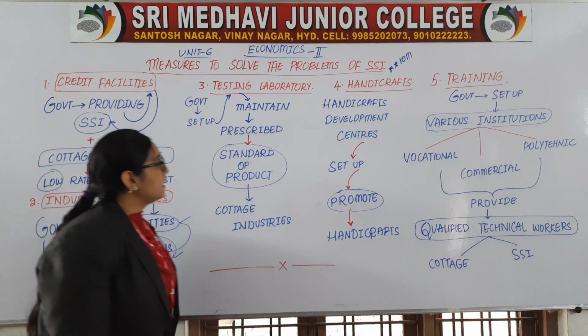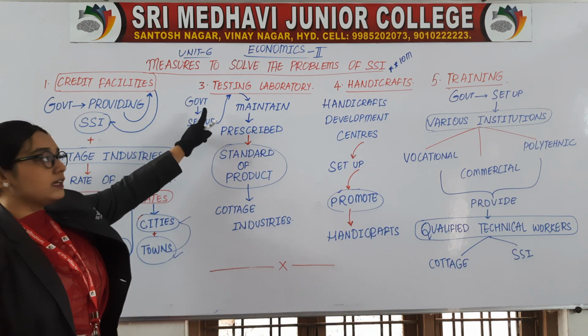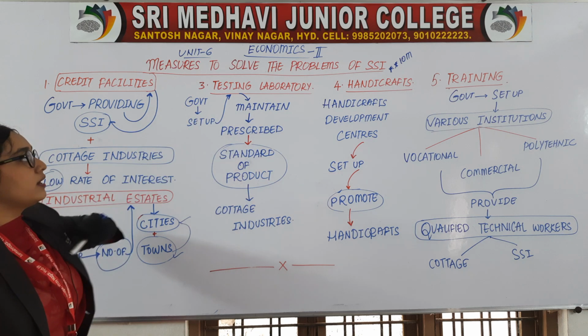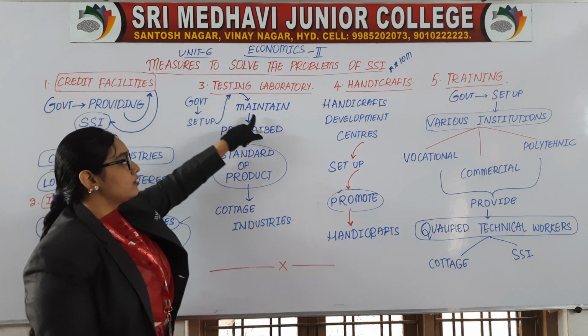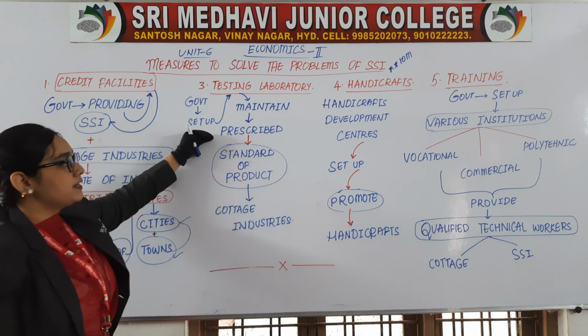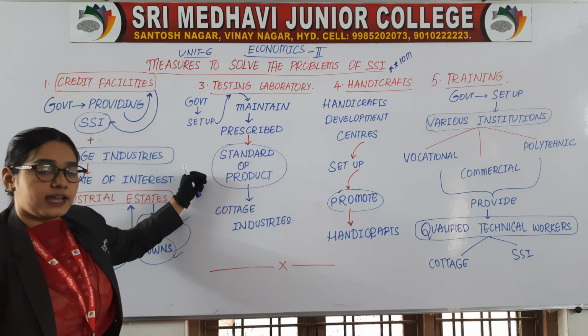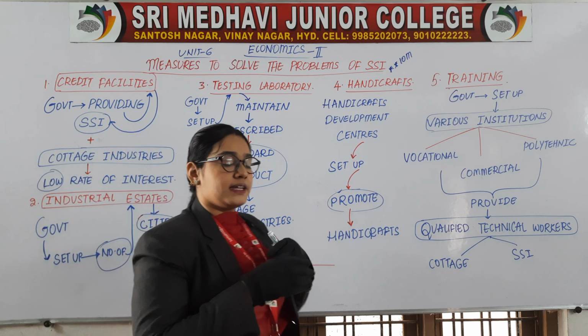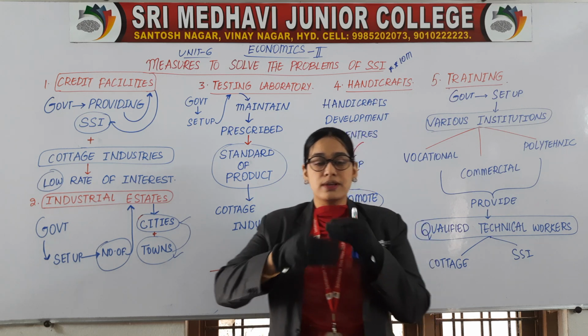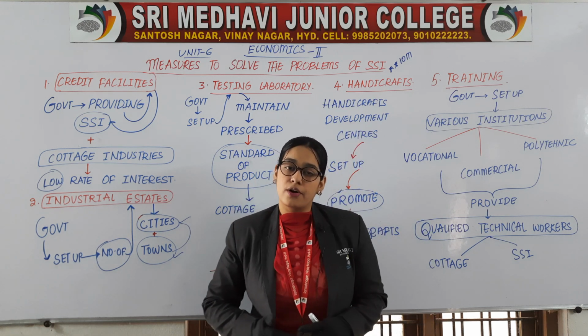Coming to the third point, testing laboratory. Government has set up testing laboratories to maintain the prescribed standard of product for the cottage industries. That means we want to improve the standard of our product.